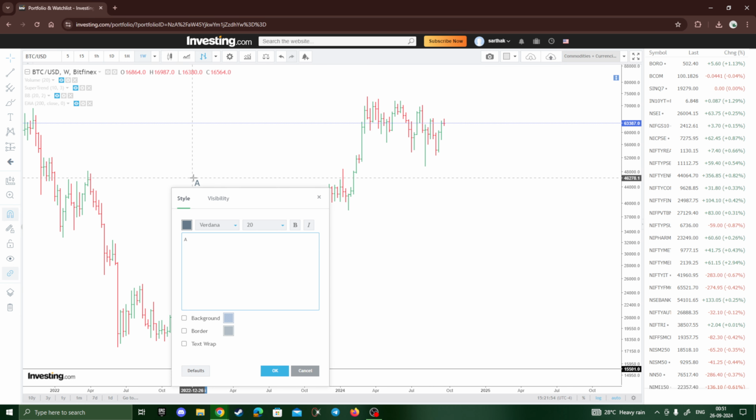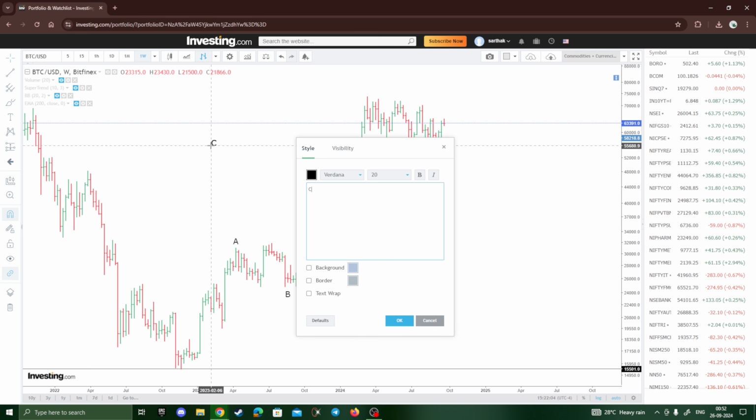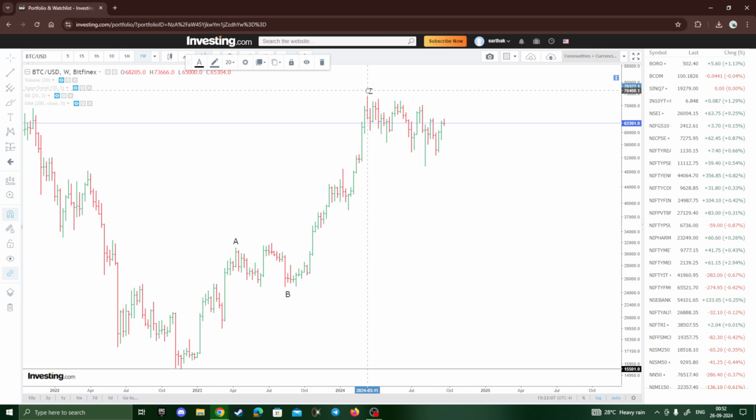Let's start labeling this as A. This is A, B, C. So I had some thoughts of whether I should mark the top end or the end point of wave C as here, or at the high of, what's the highs, around 71,912.